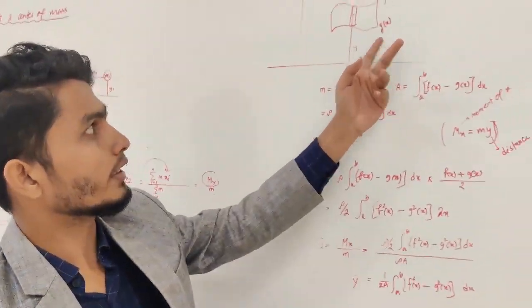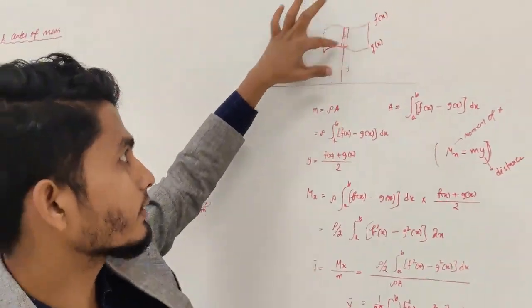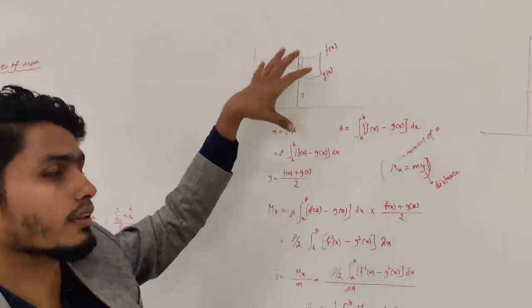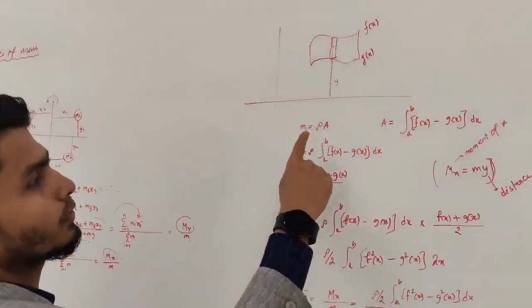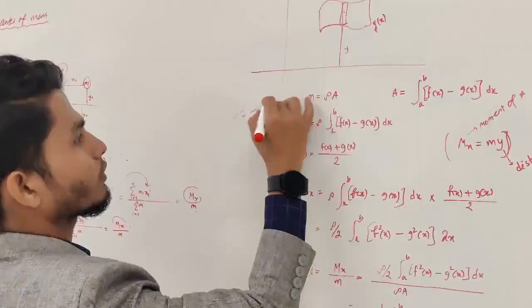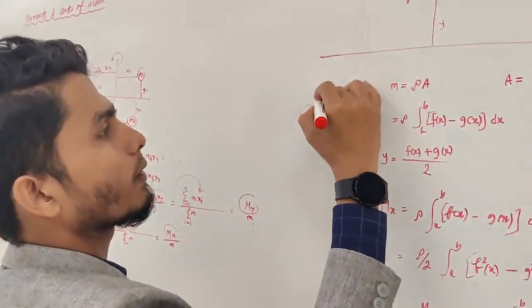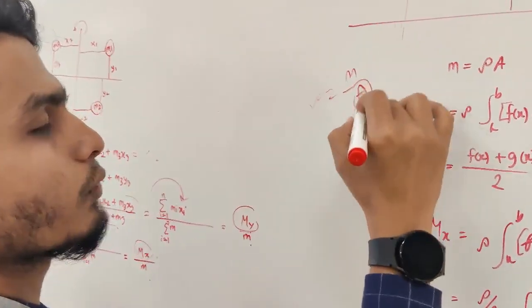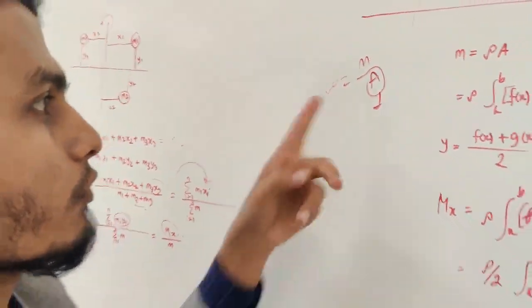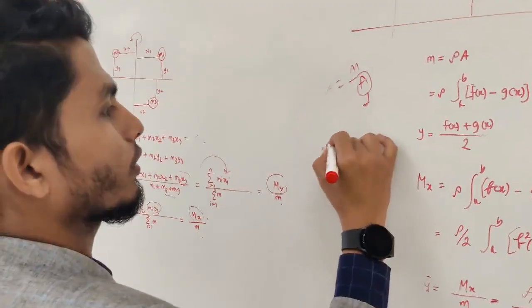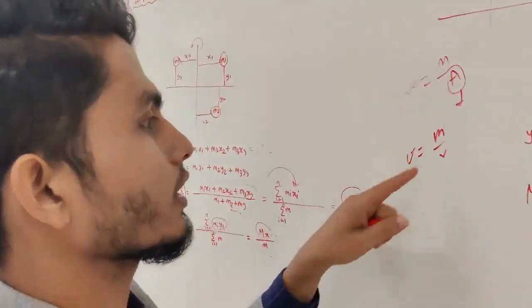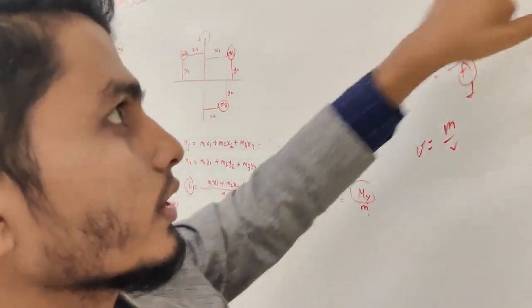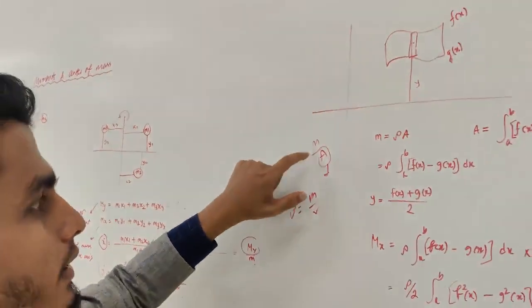If you find a centroid, where the mass is divided evenly, then we know that rho is equal to m over A. When you have a two-dimensional configuration, you say this. When you consider something three-dimensional, you say mass over volume, but this one is two-dimensional, so we consider mass over area.